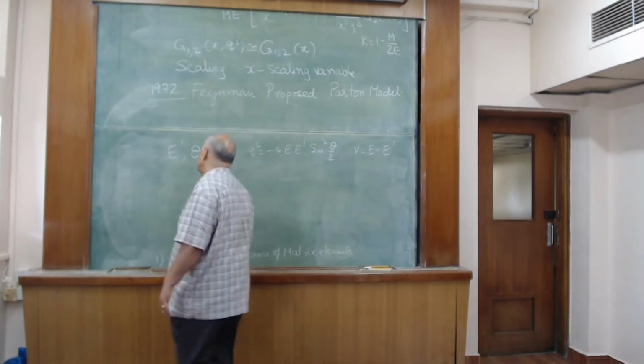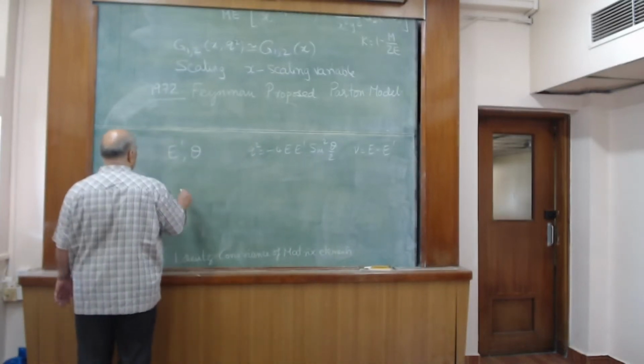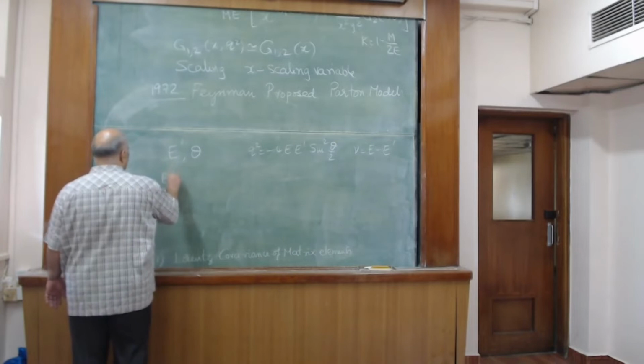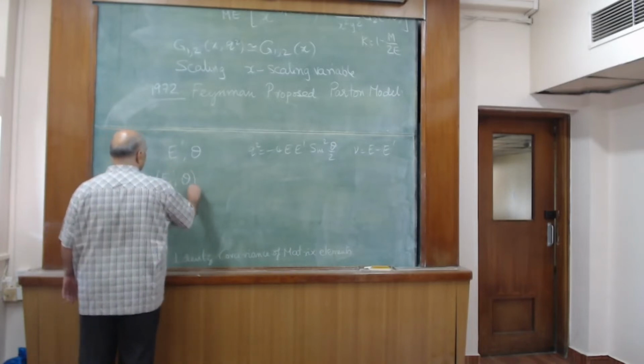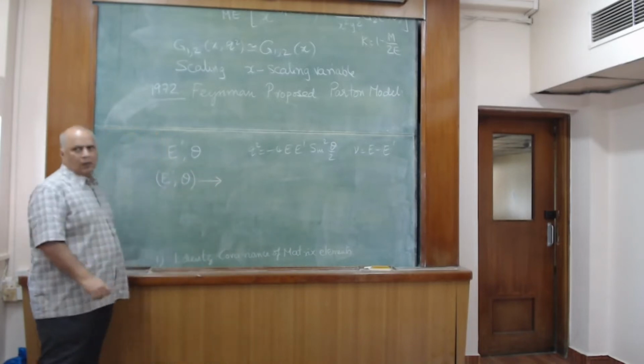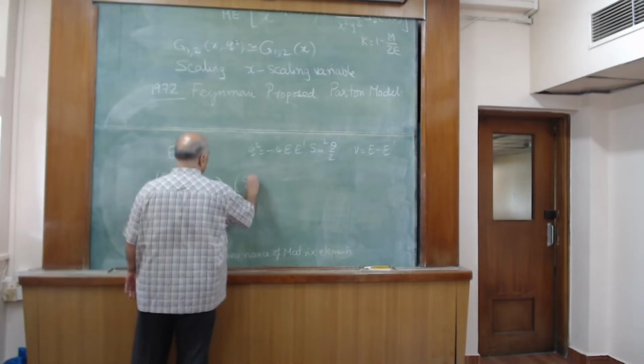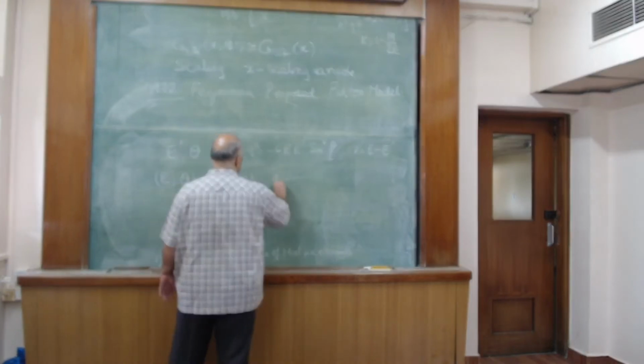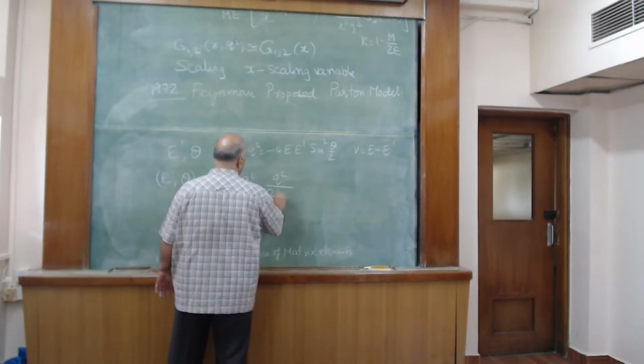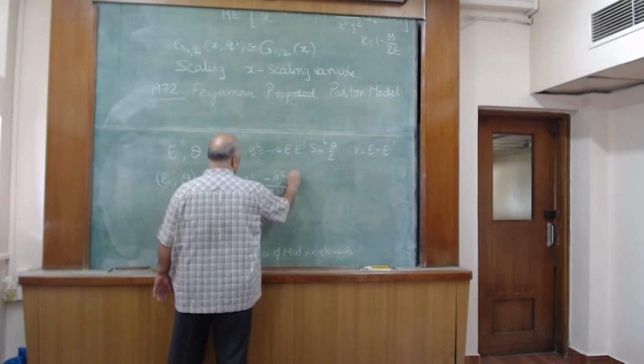Now I define, instead of E prime and theta, I go to q square and q square by 2 m nu.